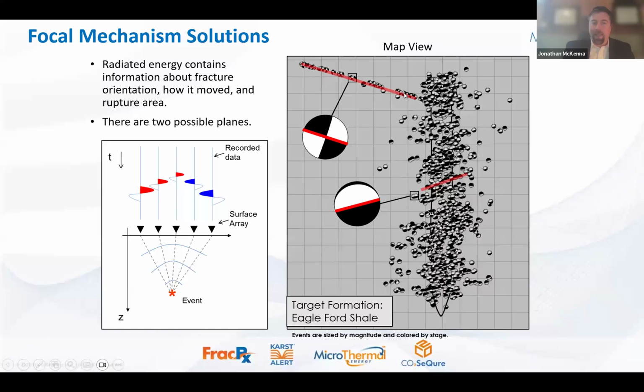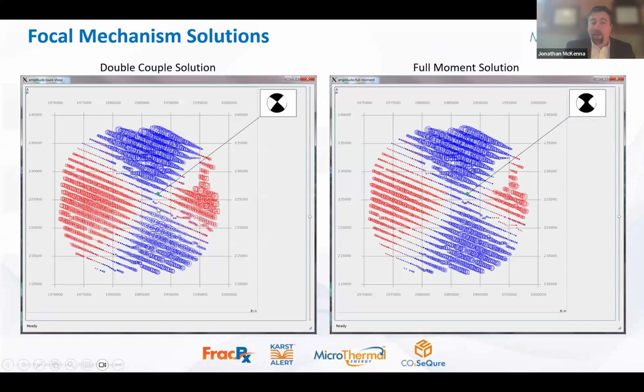And this shows an example of that P wave radiation pattern with a circular surface array with that represented beach ball. And you can very clearly see that our raw data P wave radiation pattern is consistent with our double couple solution. A double couple solution means that we're confining that to just pure double couple. We can also assume more of a full moment solution.